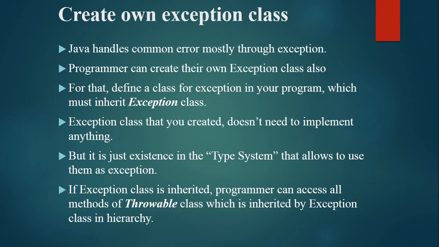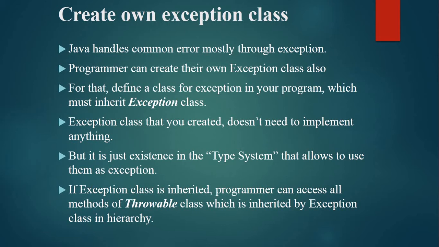Already we have discussed that the superclass is Throwable. In it, there are two classes: first is Exception and second is Error. So our own class will inherit the Exception class, so we have to extend the Exception class.